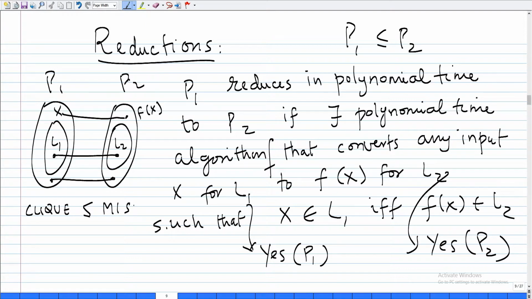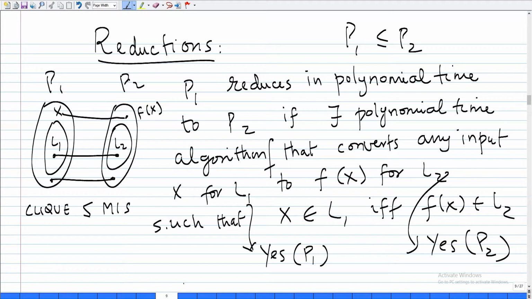So, what it should do is take an instance here and convert it into an instance of this, such that a yes would correspond to a yes and a no would correspond to a no. What was the function doing? It was just complementing the graph. So, that is all the notion of reduction is. We have seen it in multiple examples: clique reducing to maximum independent set, collection of max edge disjoint paths reducing to network flows, and so on and so forth.